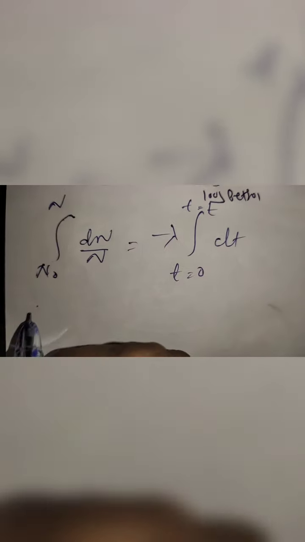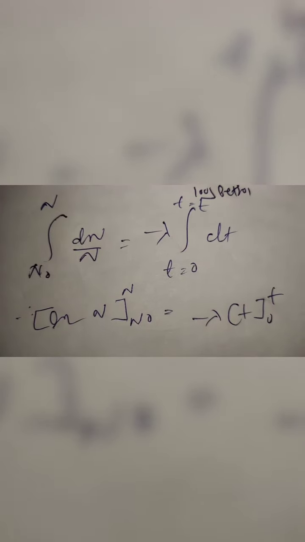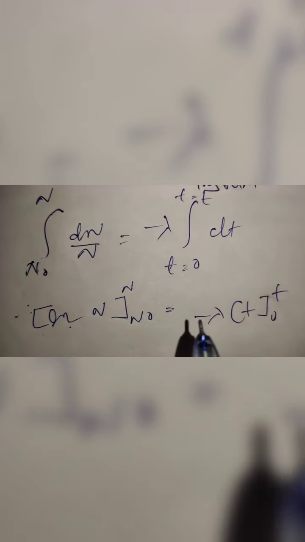At time t it is N. Then the limit N0 to N is equal to minus lambda, limit 0 to t, log N. Then log N minus log N0 is equal to minus lambda t minus 0. ln N by N0 is equal to minus lambda t.